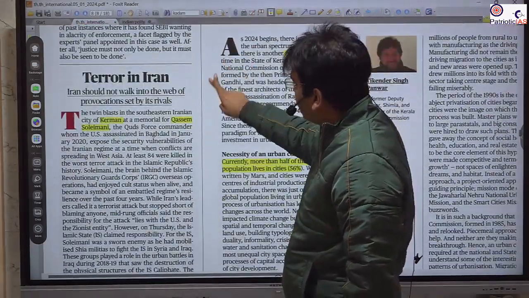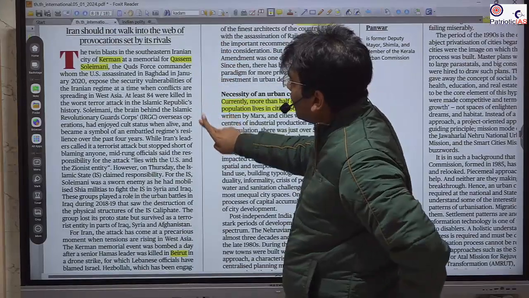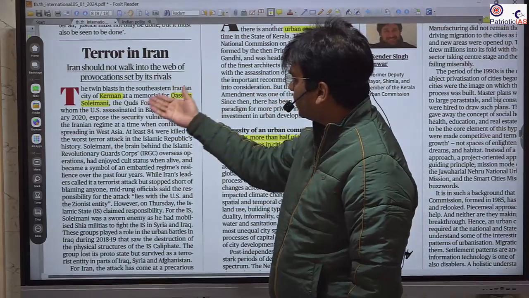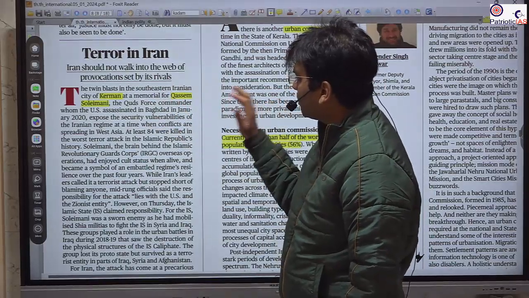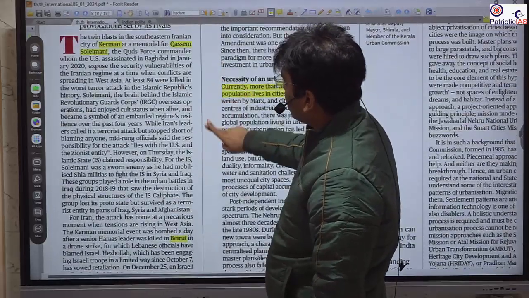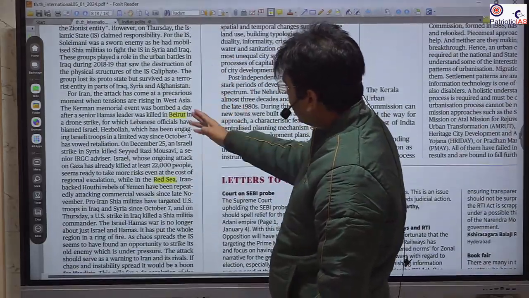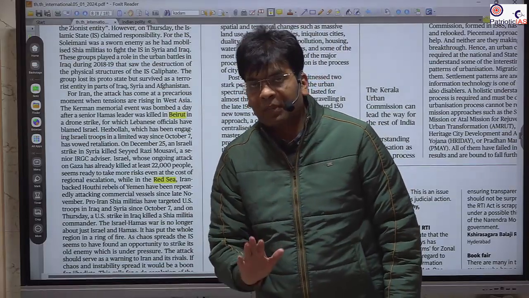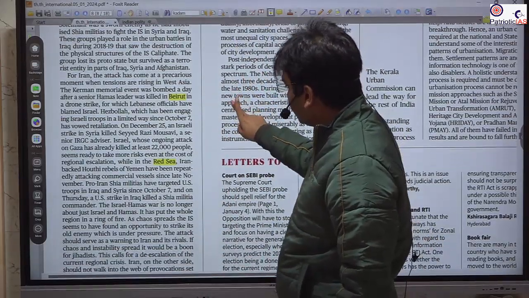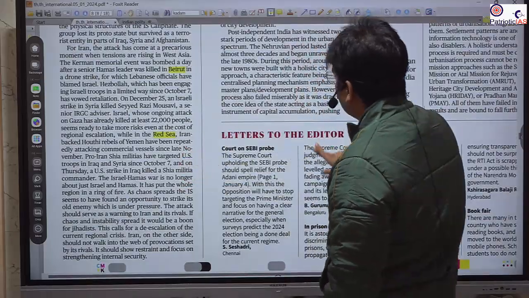And we have already discussed this bomb blast case of Iran, the displaced Qasem Soleimani, Beirut, the capital city of Lebanon, and the Red Sea. We have already seen all this, so not relevant.